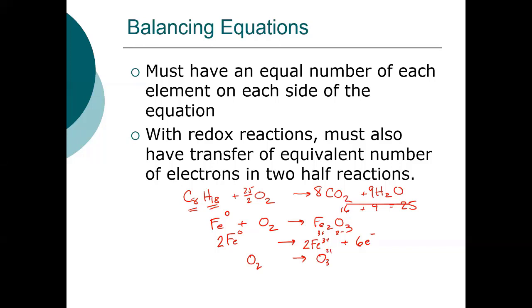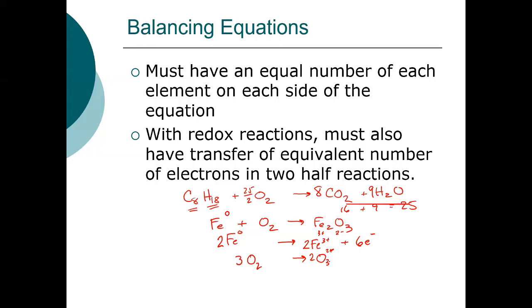Each oxygen is 2 minus, so we have a total of 6 minus, but we need 2 oxygens, and now we've got 6 oxygen atoms, so we need to multiply that by 3.